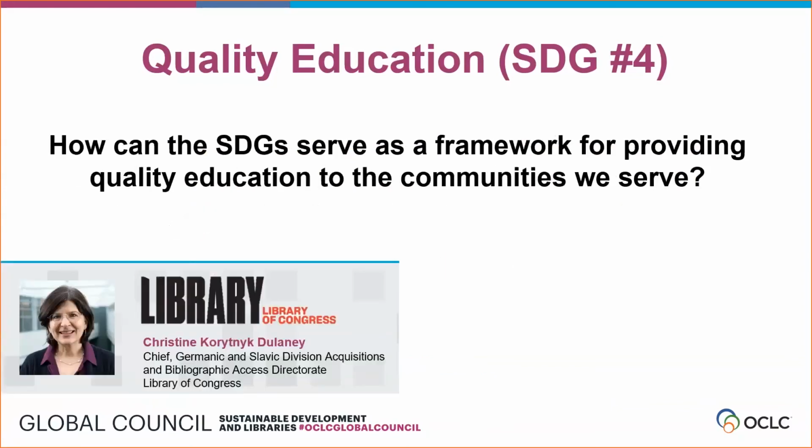Hello, everybody. Thank you, Stuart. I just wanted to preface my remarks by describing how the Library of Congress has a little bit of a different approach from other national libraries or other public libraries because of its various non-traditional roles.